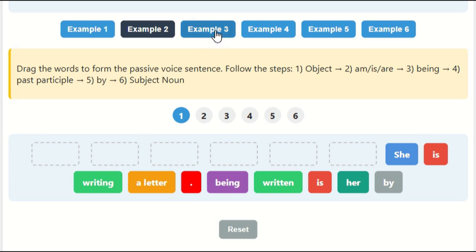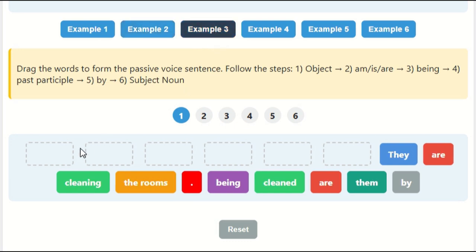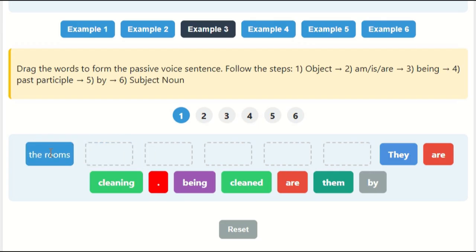Next example. They're cleaning the rooms. Notice that the object rooms is a plural noun. We'll start making it to passive. First the object, which is the rooms, and then helping verb.